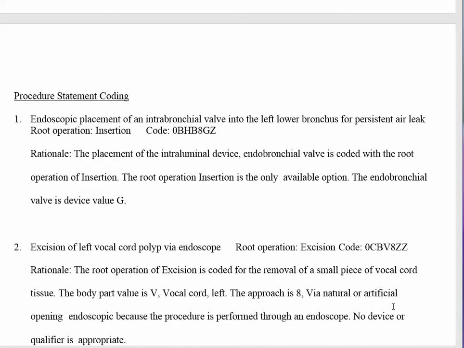So the root operation of extirpation is not going to apply. They are also not removing the entire left vocal cord. They're taking away the polyp only. A polyp is a piece of growth.